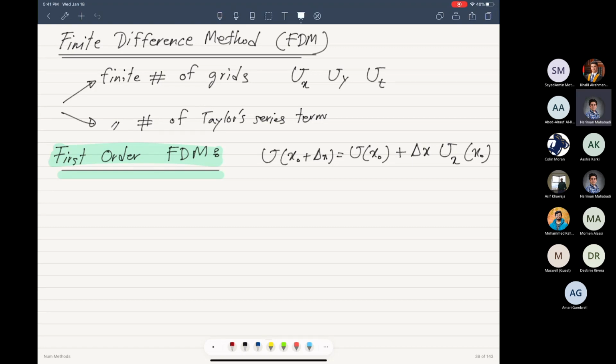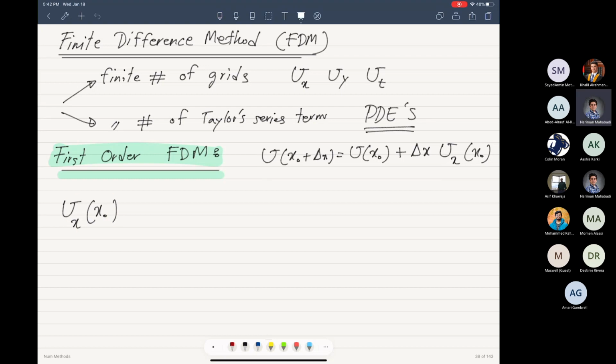What Taylor is trying to give us is a way to find this unknown function, but you can actually find the first derivative first. If I write everything in terms of this first derivative, that is going to help me a lot, because all these PDEs or ODEs are in the form of derivatives.